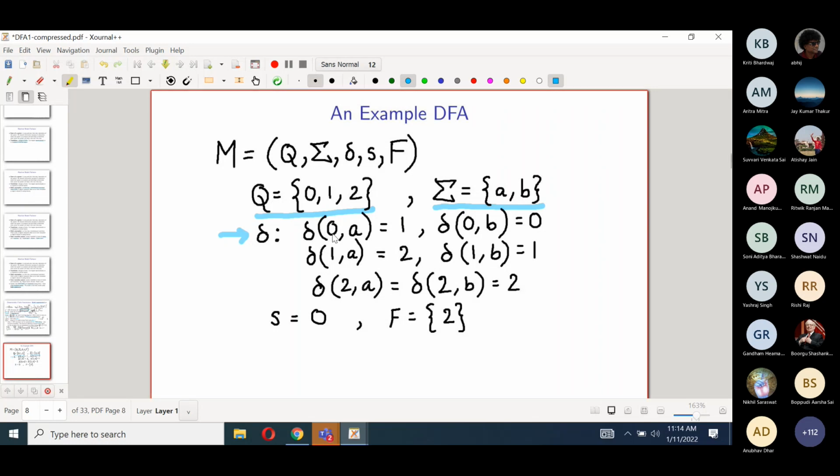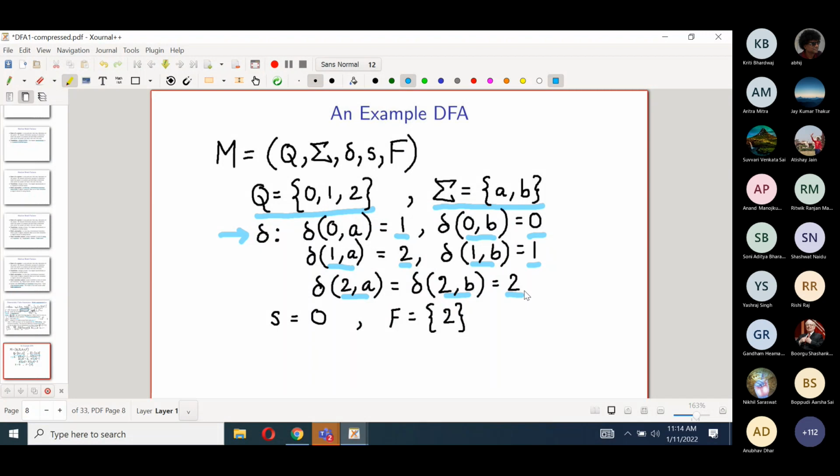When you're at state 0 and you're reading A as input, you are transitioning to state 1. Similarly, 0B results in a transition to state 0. 1A results in 2, 1B results in 1, and for 2A and 2B, if you're at state 2, no matter whether you read A or B, you remain in 2.